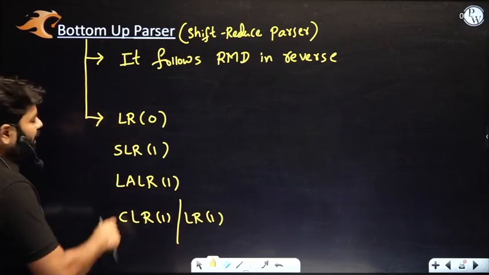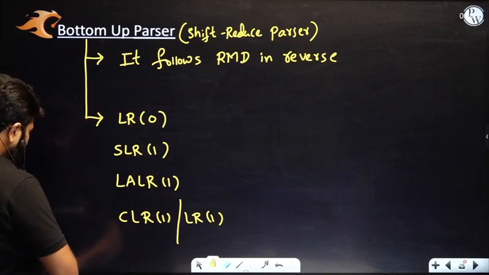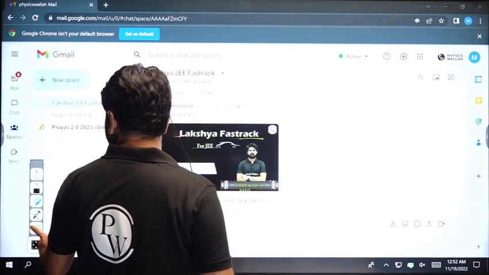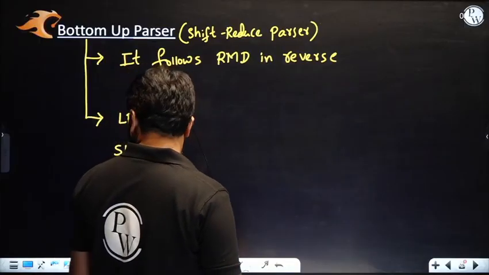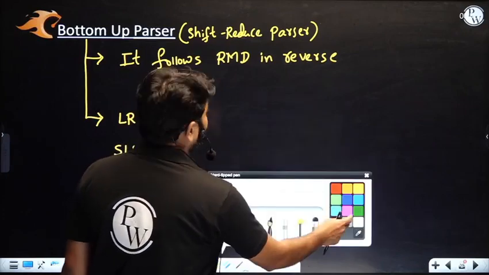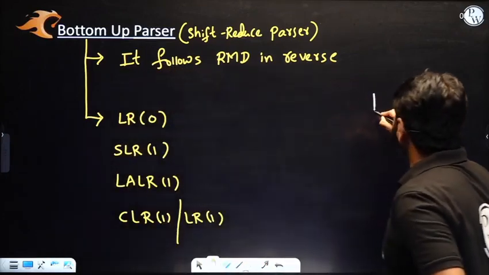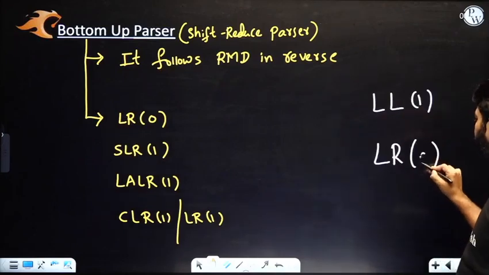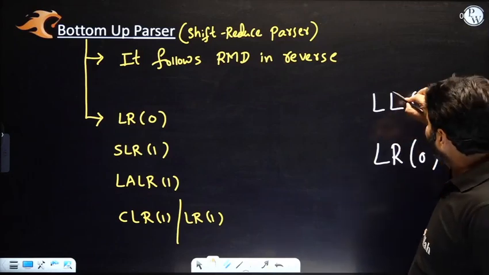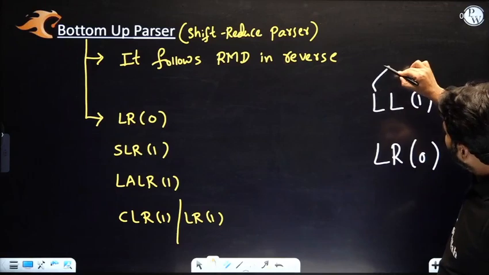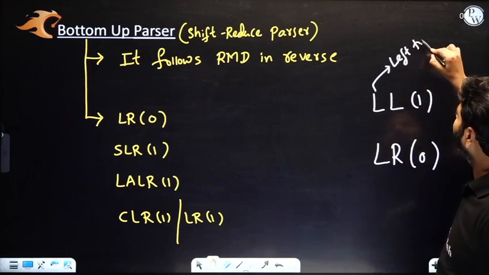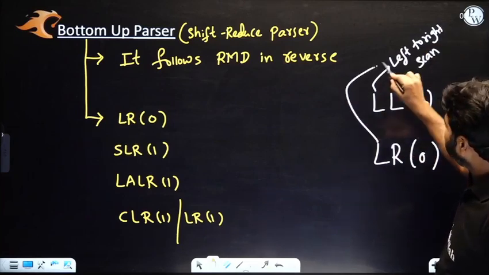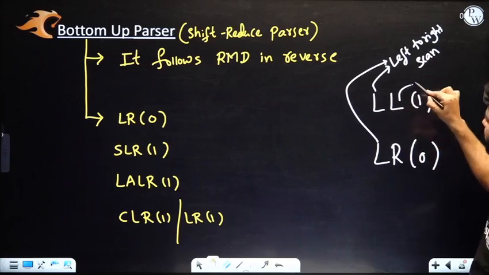Why is there always LR here? You see there is LL1, and here you have LR followed by 0 or 1. Both of them have L, which means left-to-right scanning. It is the same left-to-right scanning, but in LL this second L means it follows leftmost derivation.